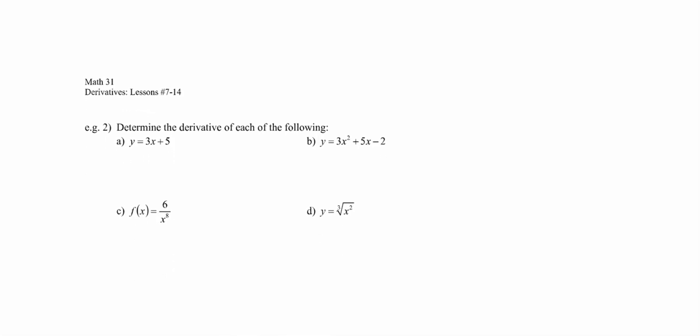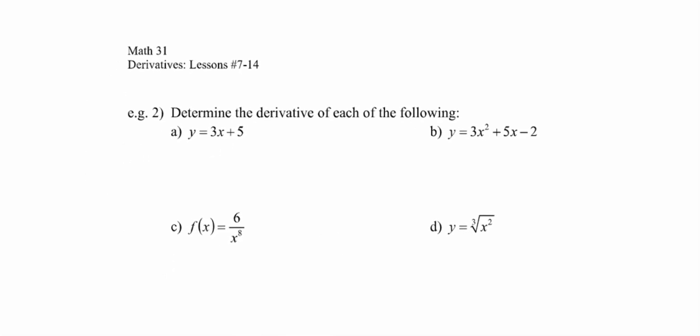So what this does is it allows us to do our simple little rule for 3x and 5, just like above, and then 3x squared, 5x, and 2. Just do them all individually, which is nice because it makes it really simple.